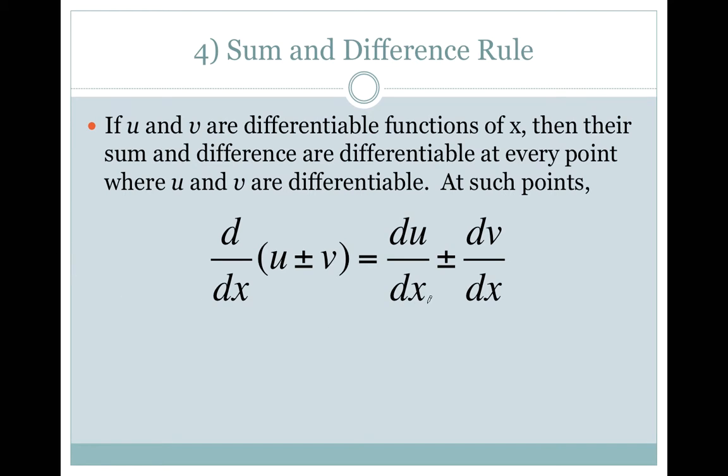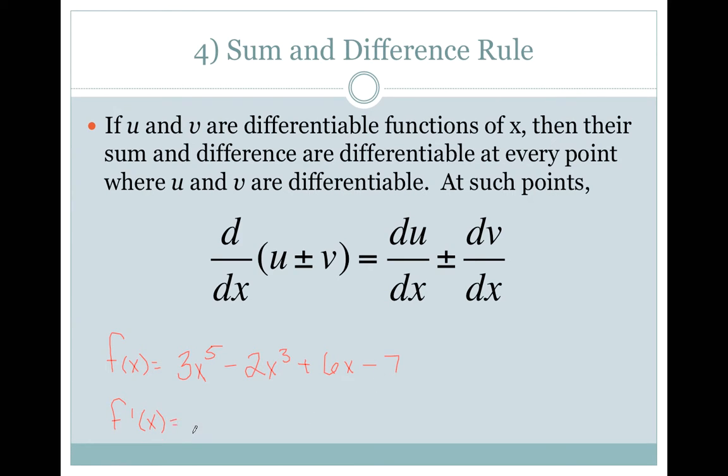Now, this might look like a bunch of chicken scratch to you, but this is what this means. If f of x is 3x to the 5th minus 2x to the 3rd plus 6x minus 7, we can now use all 4 of these rules to take the derivative of f of x.